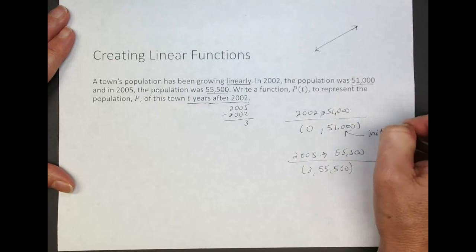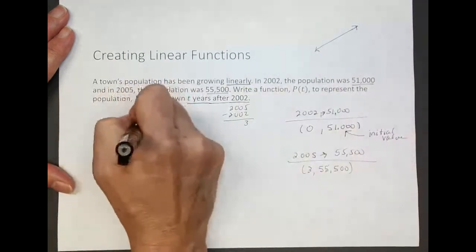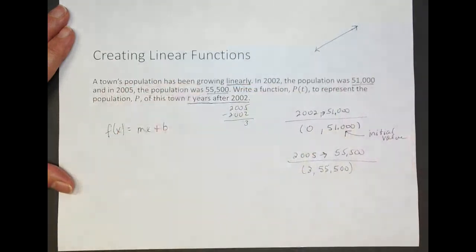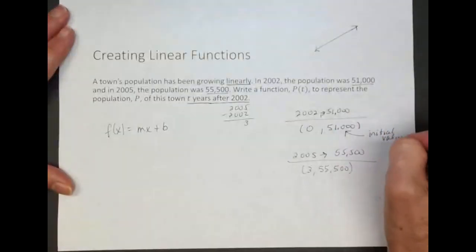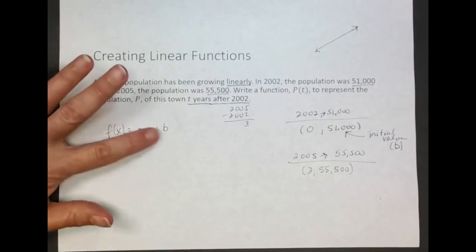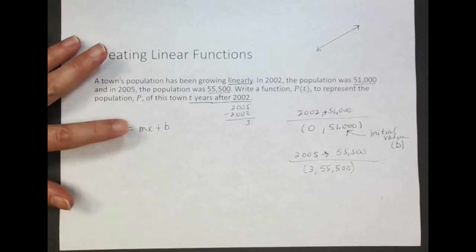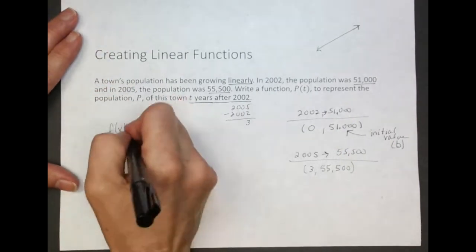Or in the standard form of a linear function, mx plus b, 51,000 is the b. So I might have just an easier start of it here. I might know what b is already. But do I know the slope or the rate of change? No, but I can find that easy enough, can't I?